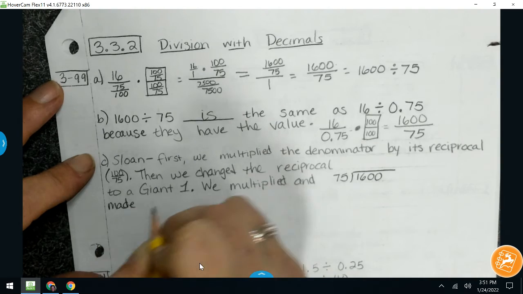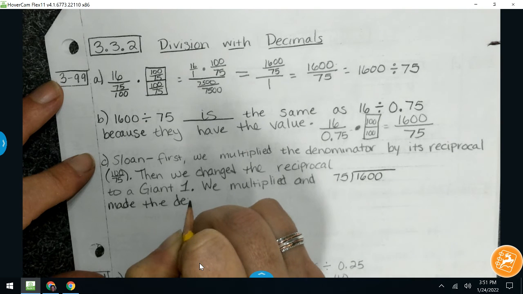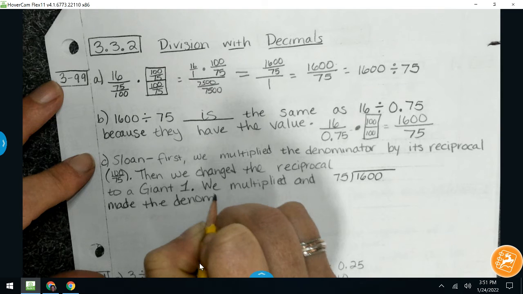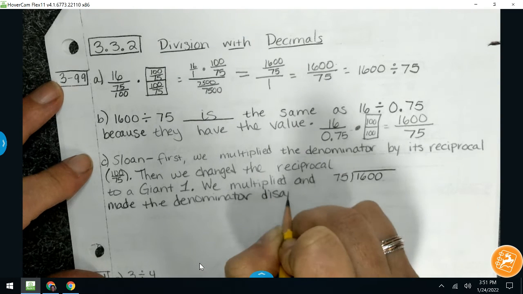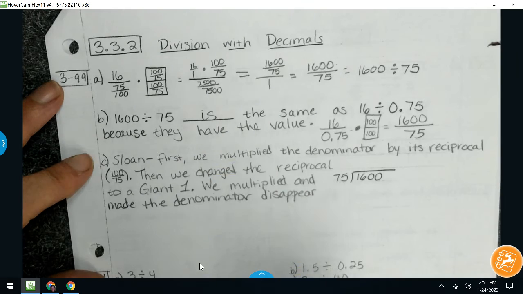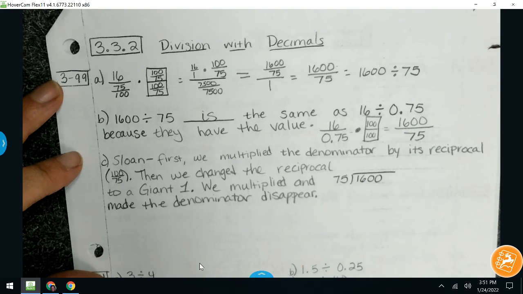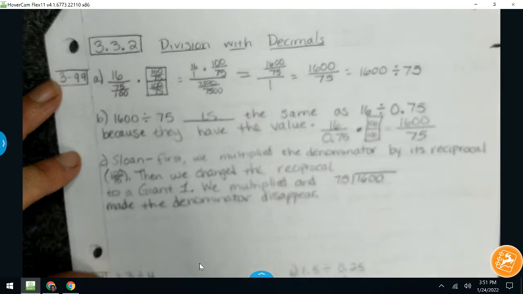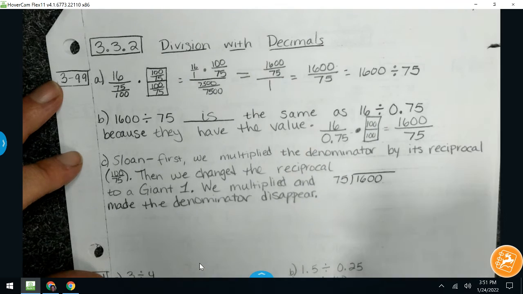So I multiplied it and then made the denominator disappear. Abracadabra, gone. So once we did that, we ended up with 1600 divided by 75.